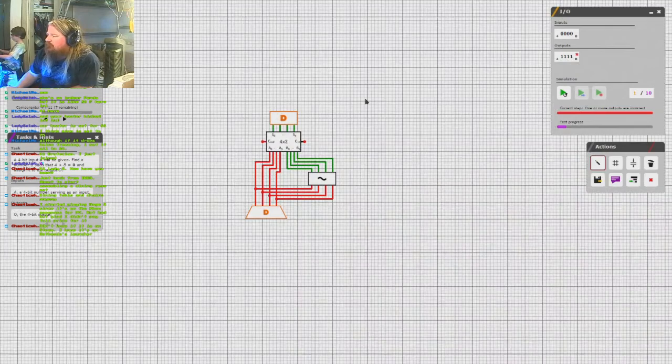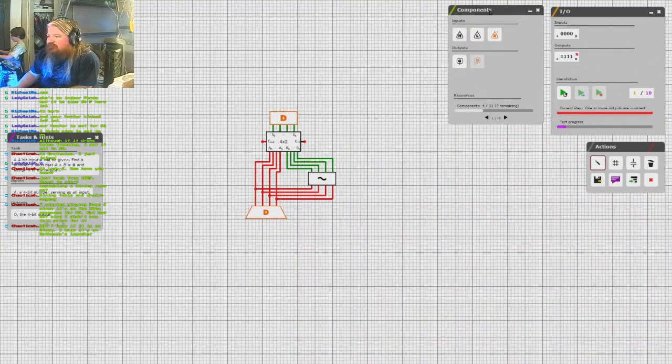Okay. I just noticed that these are where you guys can't see them.